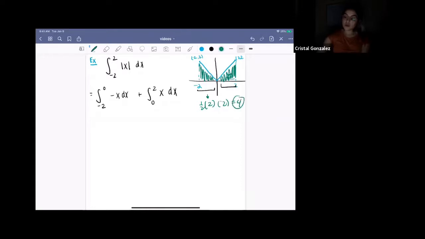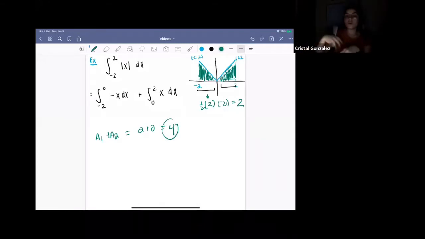And so for one of the triangles, I get 2, but I have another triangle. So my area 1 plus my area 2 is actually going to be 2 plus 2, because these are the exact same triangle, which is equal to 4. So I just did it geometrically.